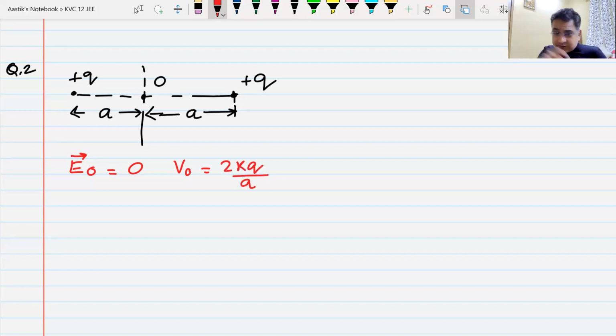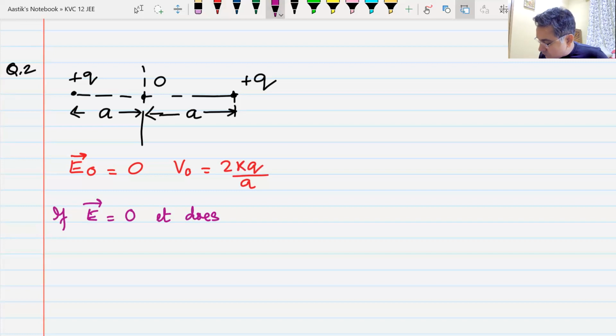From here comes the reverse statement. What is the reverse statement? If electric field at any point is 0, it does not imply that the potential must be 0.